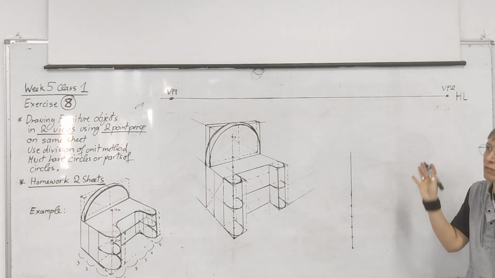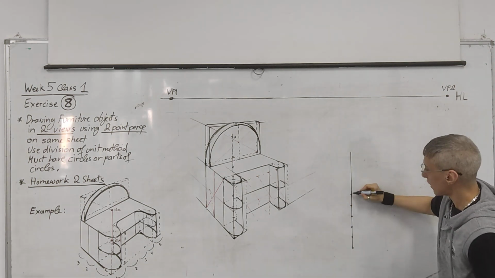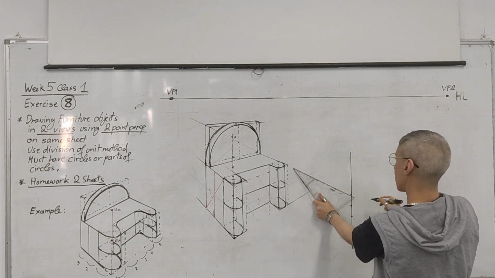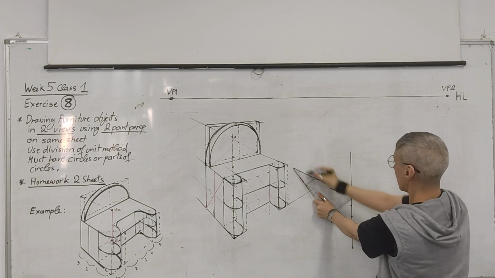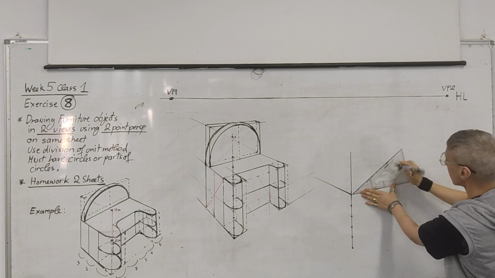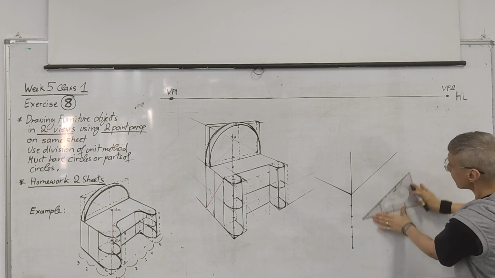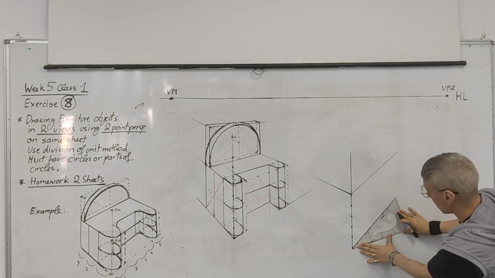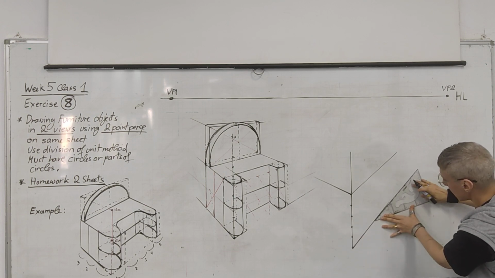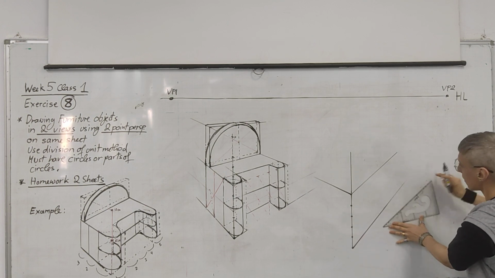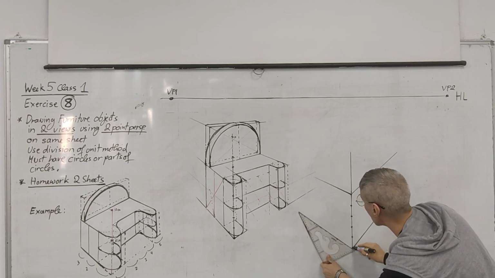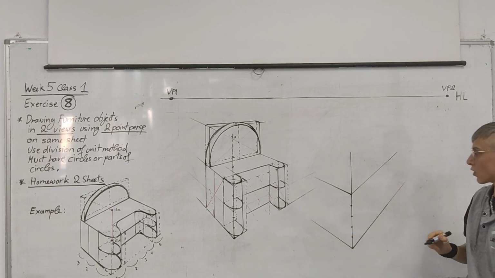So this is correct and this is correct to do. Now, insert here 5 centimeter to the vanishing point, to the other vanishing point. So what am I drawing now?